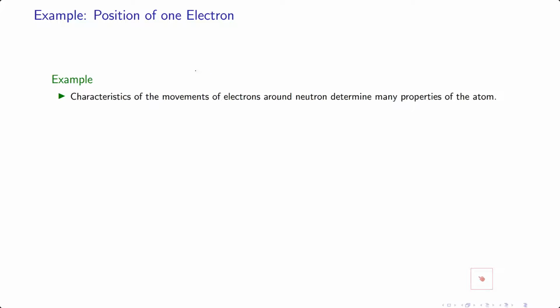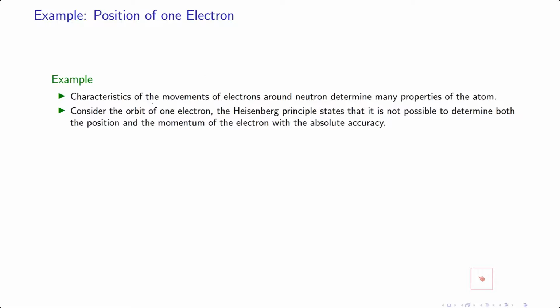And so on. You could also have physical examples, for instance, the position of an electron around the center of an atom in hydrogen, or how they move, their speed, their location, their acceleration. For instance, the Heisenberg principle says that it is not possible to determine both the position and the momentum of the electron with absolute accuracy.